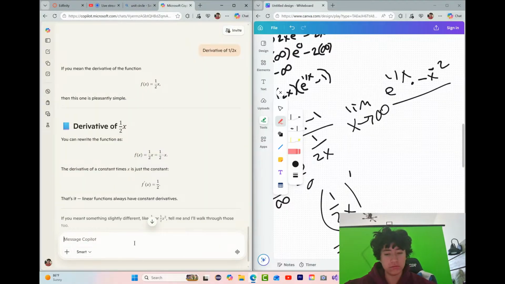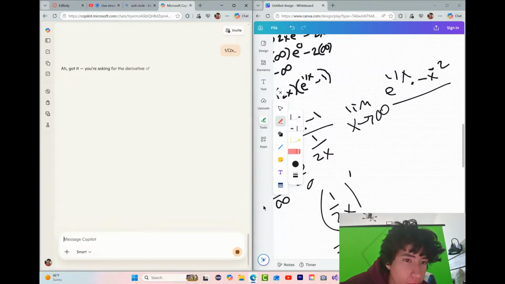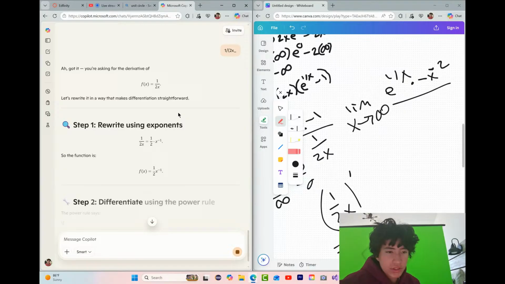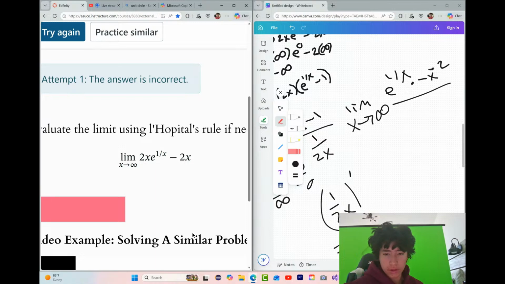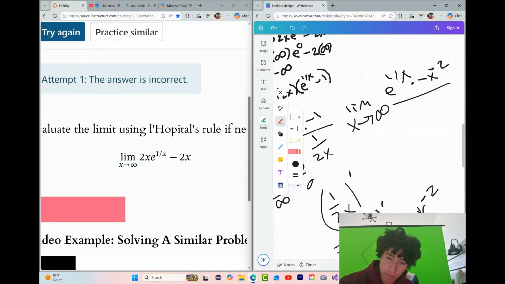There you go. All right, I guess we can see it that way. So 1 over 2, x to the power of negative 1. And then this is a derivative. So we do 1 over 2 times negative x to the power of negative 2, or negative x to the power of negative 2 over 2, right?